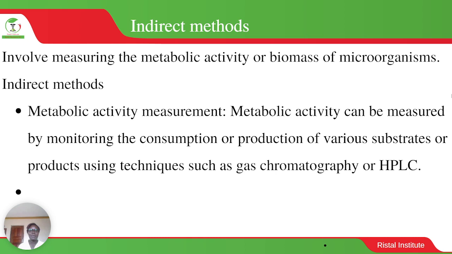Between the maximum and minimum points is the optimum temperature at which organisms will grow best. Below the minimum point, the growth of the cells stops, but the cell is not killed. Okay, the growth of the cell stops, but the cell is not killed.